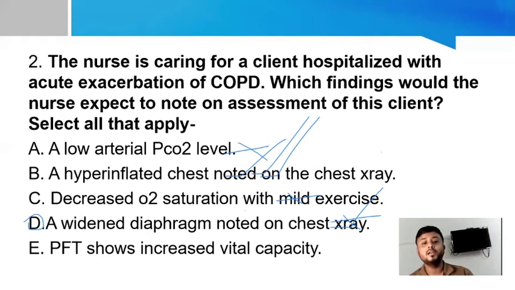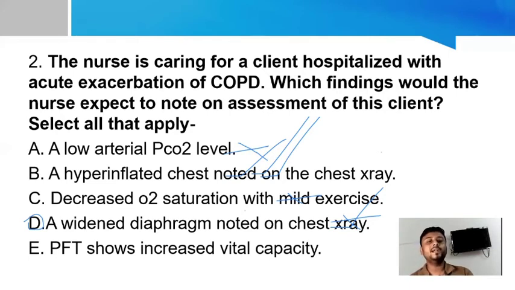I mean, there will be a decreased vital capacity of the lungs. So if the vital capacity of the lungs decreases, by that time our oxygen saturation also decreases in our body. So we can consider the third point also a correct one.